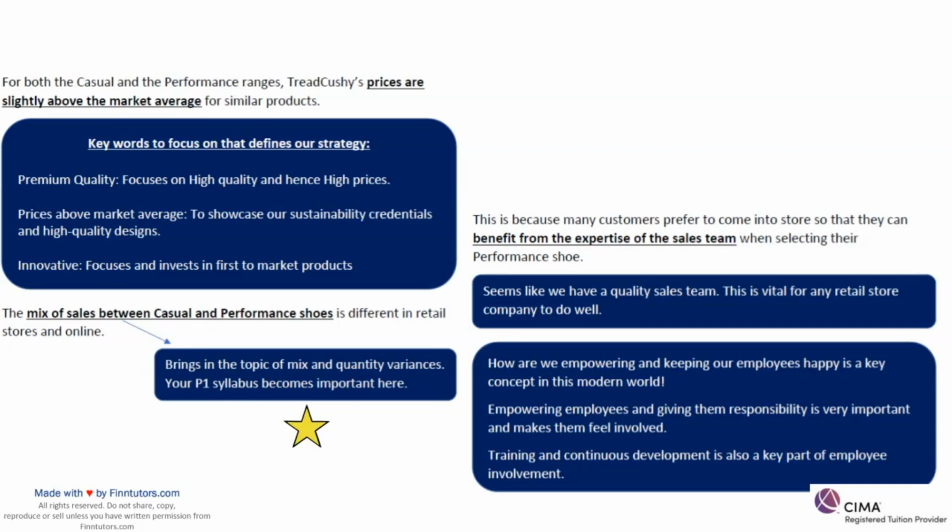So, training and continuous development is what we'll have to look at for our front end staff, which means our sales team, and our back end staff. So, both can work together and look at employee management, employee options. And this is part again of your E1 syllabus in your HR section, your employee section, something for us to revise.